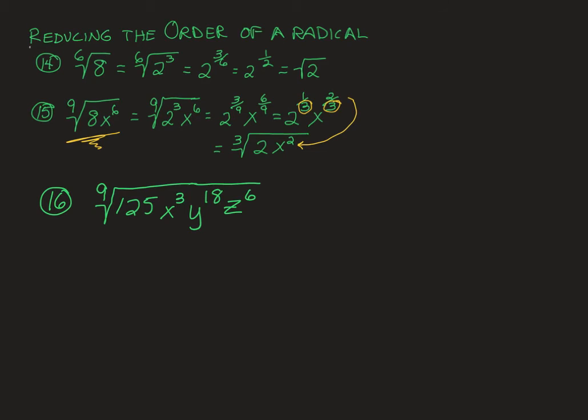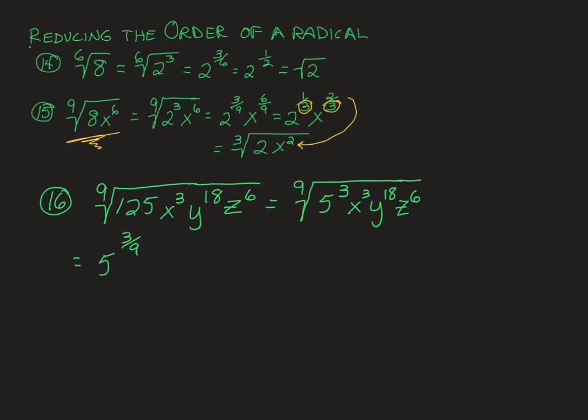Okay, so what is this equal to? Let's get some integer exponents and everything under that radical before we go any further. So 125 is equal to 5 cubed. We have x cubed, well, everything else is integers, isn't it? So we have them all as integers. Let's convert everything to a base with a fractional exponent.